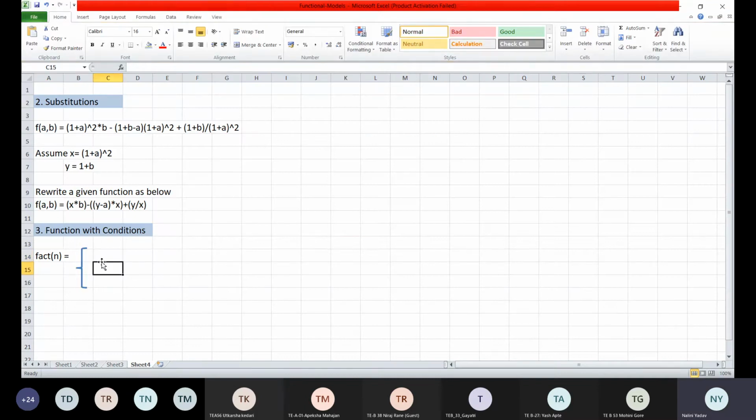So n into fact of n minus 1. Very simple, right? So this is going to give my answer.